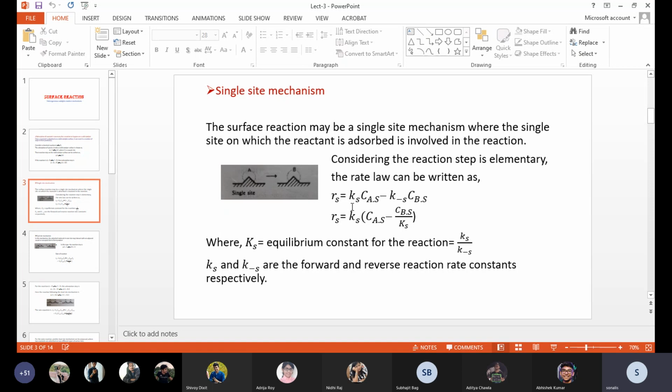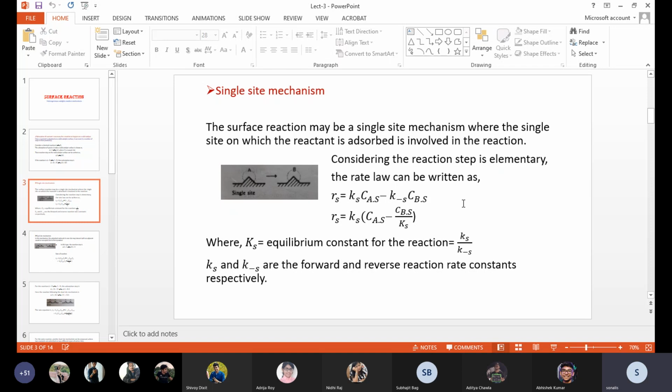There are, say, 10,000 A molecules, so it involves 10,000 active vacant sites, and concentration of A·S. A·S is the complex. 10,000 complex molecules are formed on each vacant site. So what is the concentration? Concentration is moles per gram of catalyst.